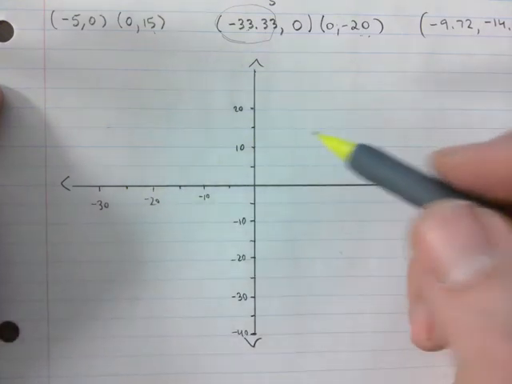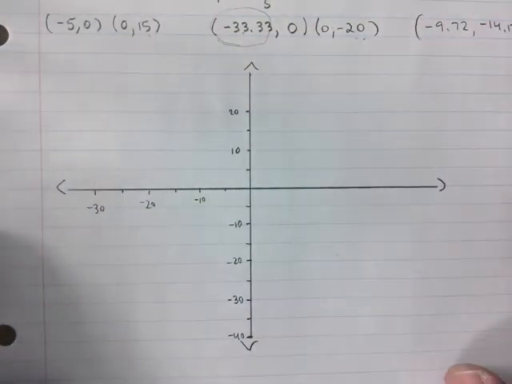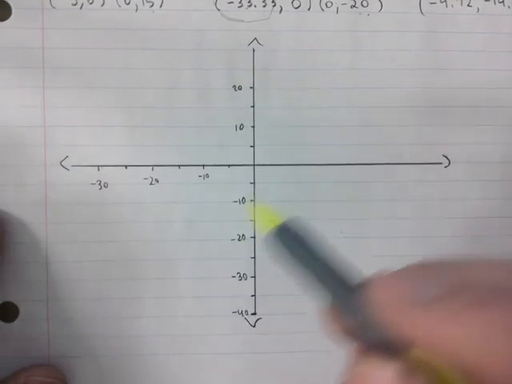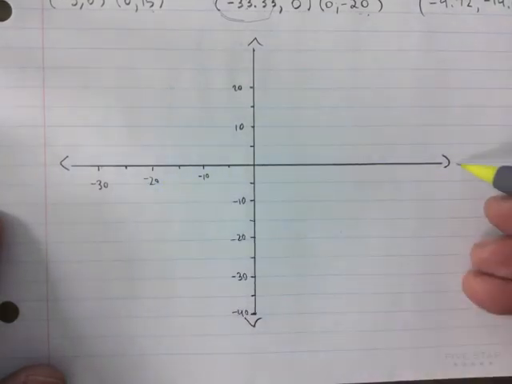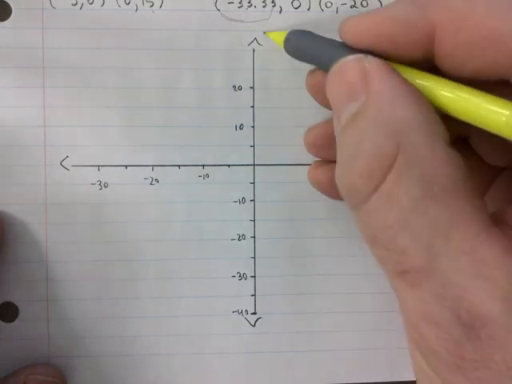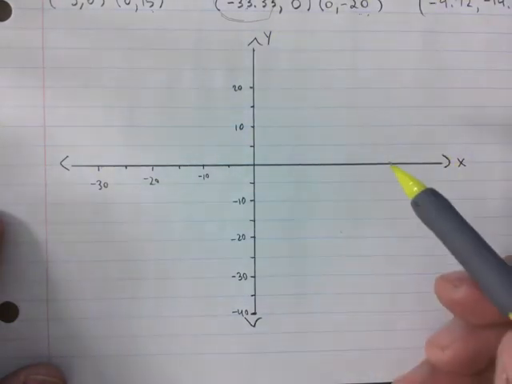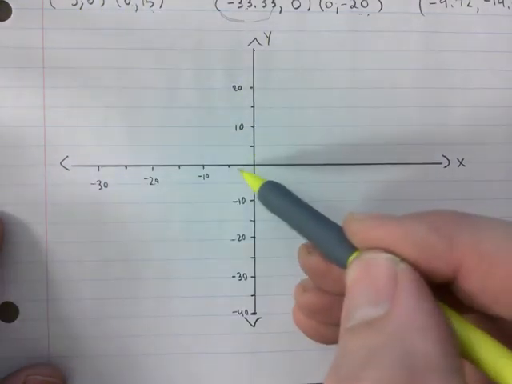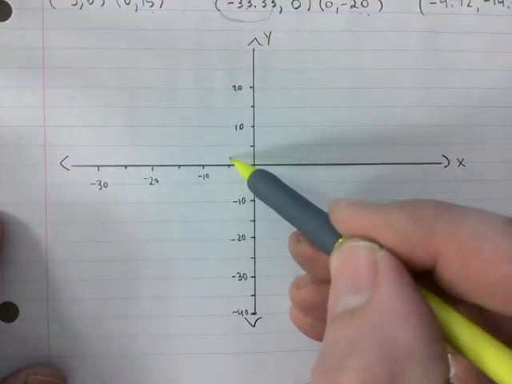So again, I'm not going to take your graph apart and make sure you are right where you belong, right? But it has to be close. So x and y, don't forget that. Let's make this the first two here. Negative 5 is right there. 15 is up here.